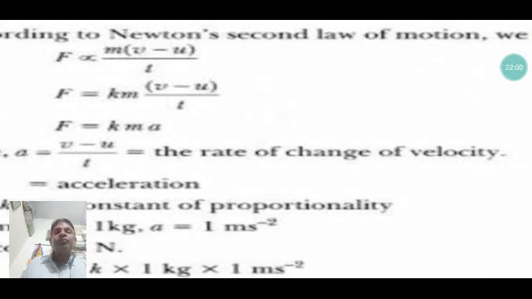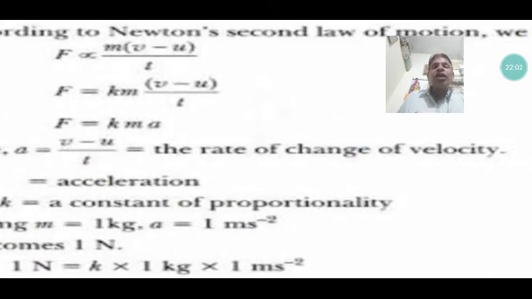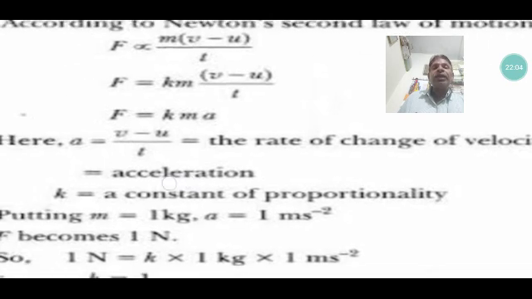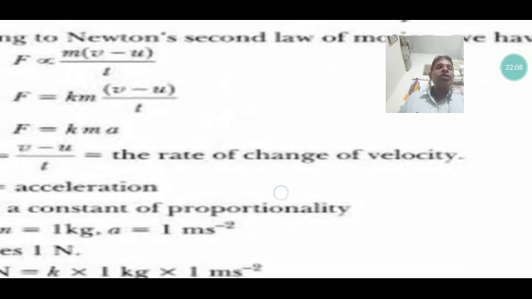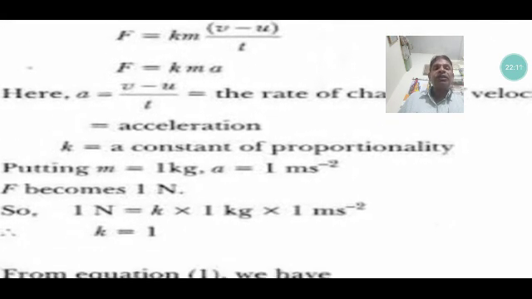When F is equal to kma, here a is equal to (v minus u) by t, the rate of change of velocity, which is the acceleration. K is the constant of proportionality.